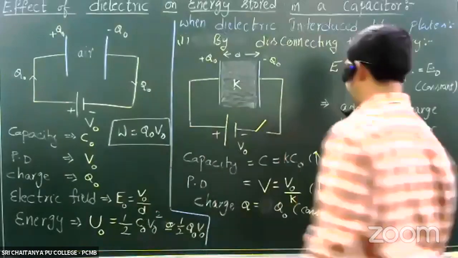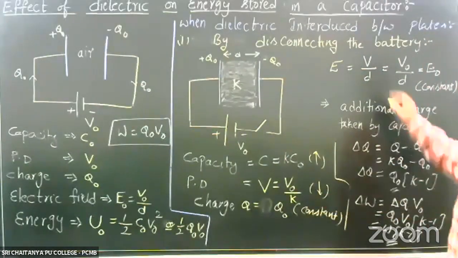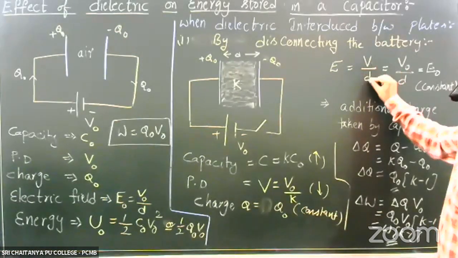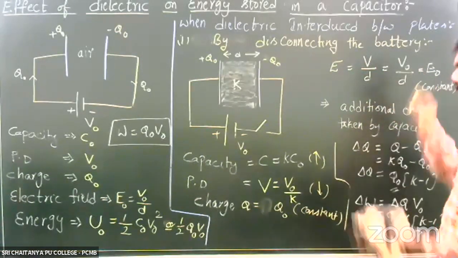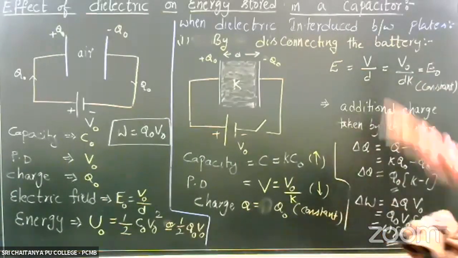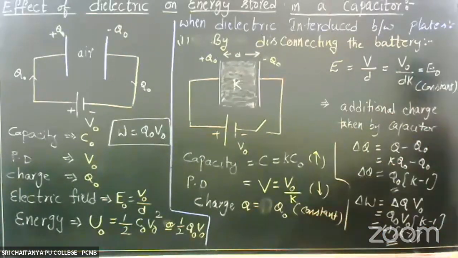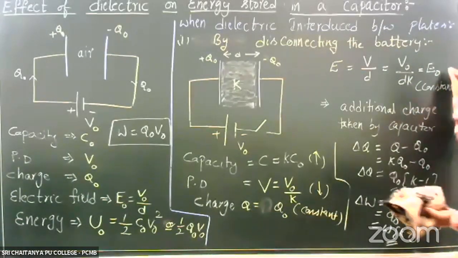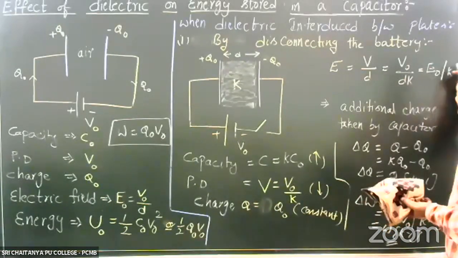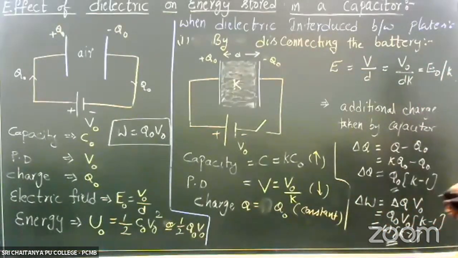Come here. Potential is decreased. Then E is equal to V by d, which is V naught by dK, because V is equal to V naught by K. So this is E naught by K. Clear?